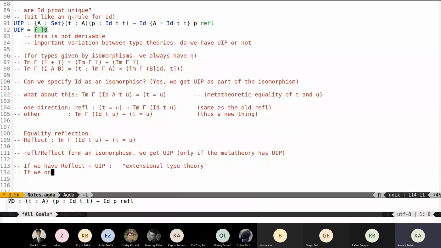And if we only have the dependent version of transport, which we will see, but we don't have reflect, and if we don't have UIP, then it's called intensional type theory.